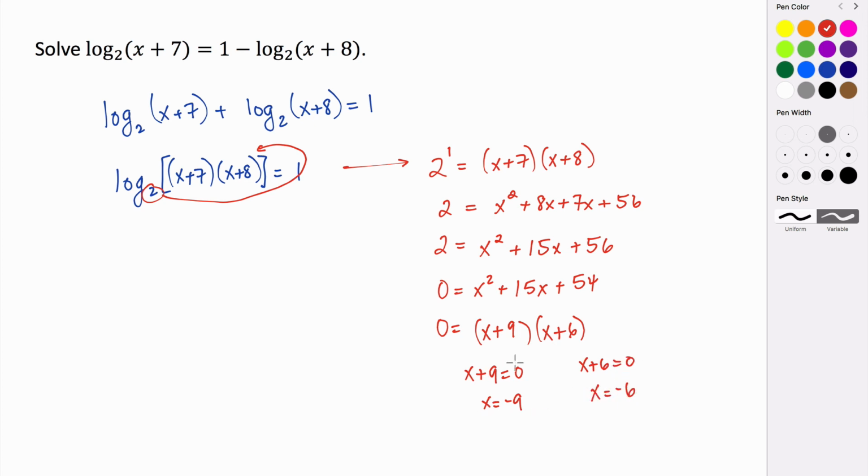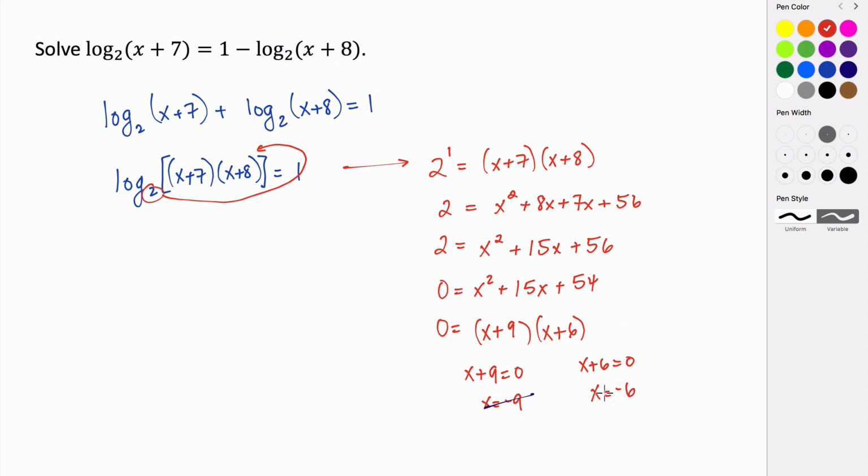Now, if you recall, the arguments of our logs must be positive, so we have to check these answers. If I plug negative 9 in for x, negative 9 plus 7 is negative 2, and negative 9 plus 8 is negative 1. So x equals negative 9 is not going to work. This is not a valid solution for our log equation.